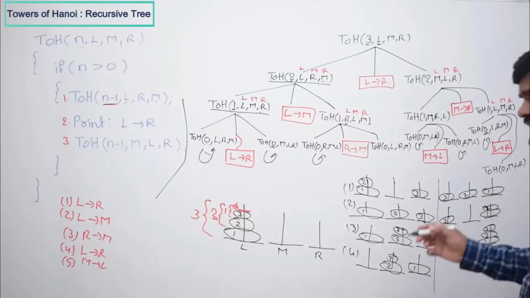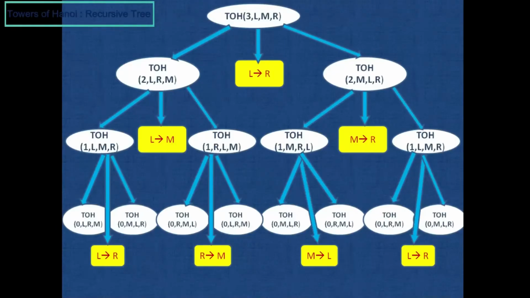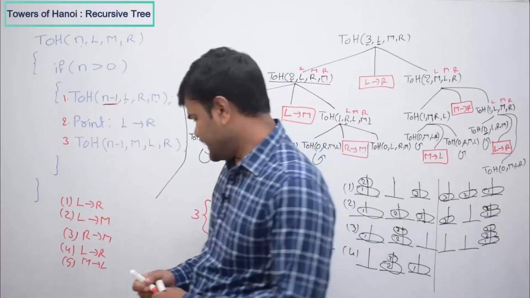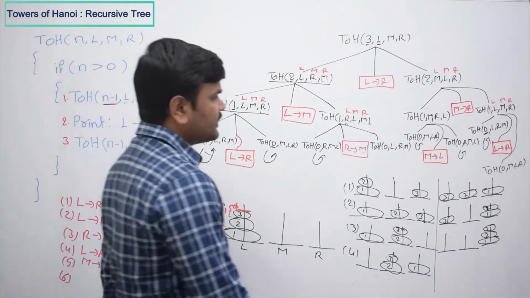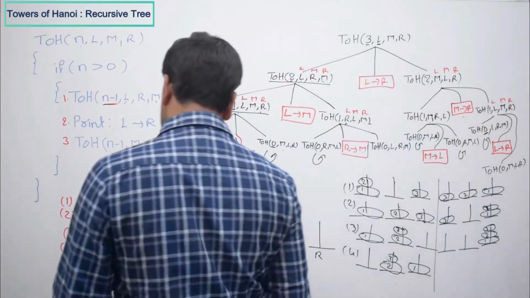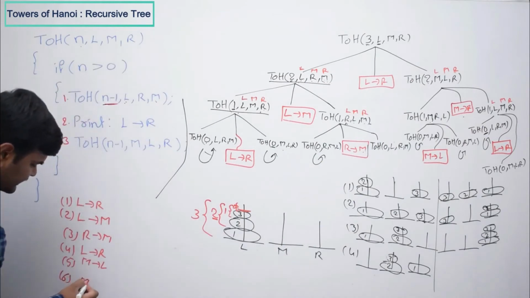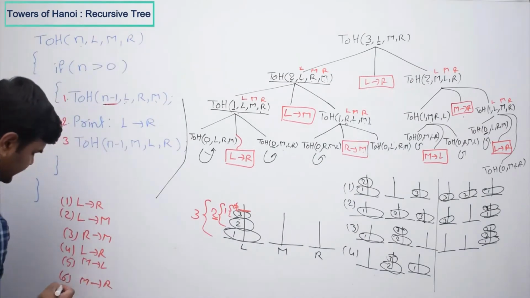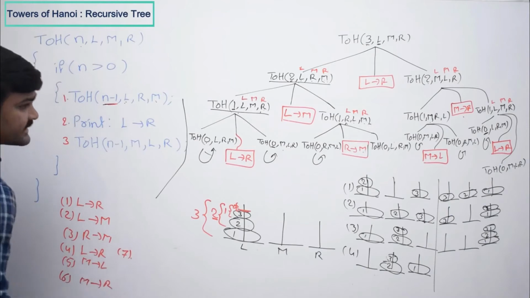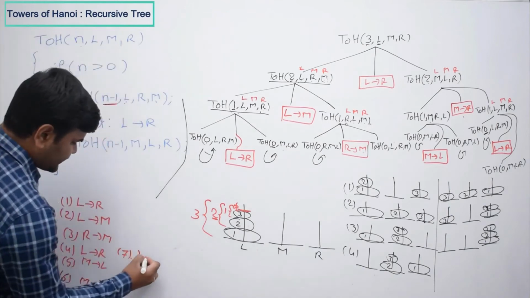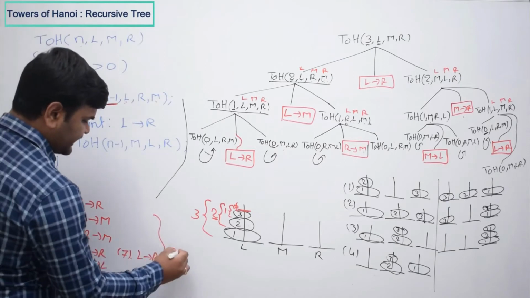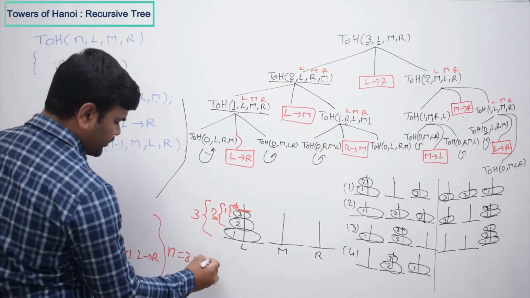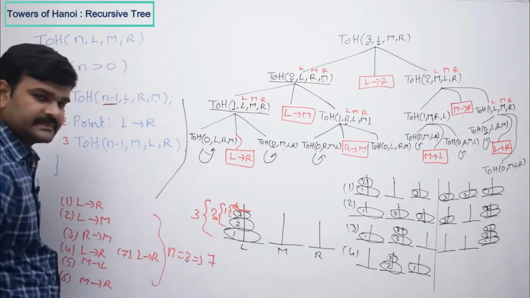So this is the recursive tree for the given recursive code. So if you write the remaining movements also, what is the sixth movement? This is the sixth movement that took place, that is M to R, and then the seventh movement is L to R. So here in total, when n is 3, total movements is 7.